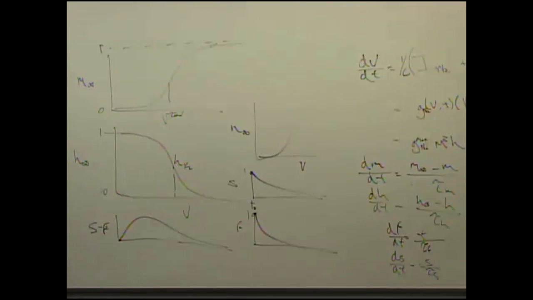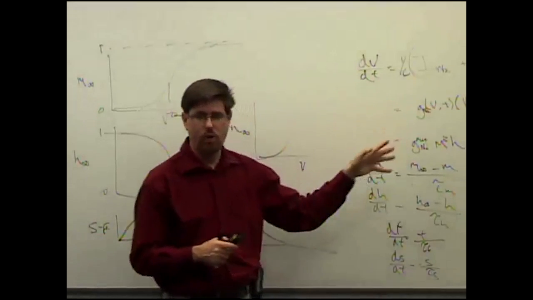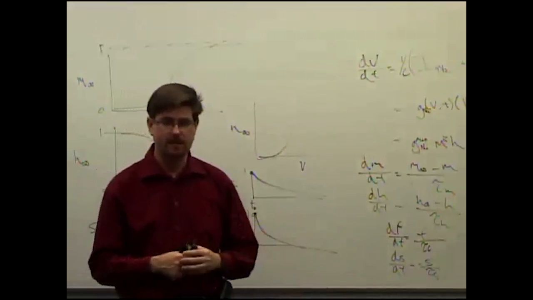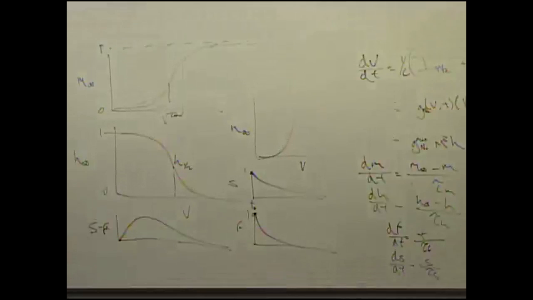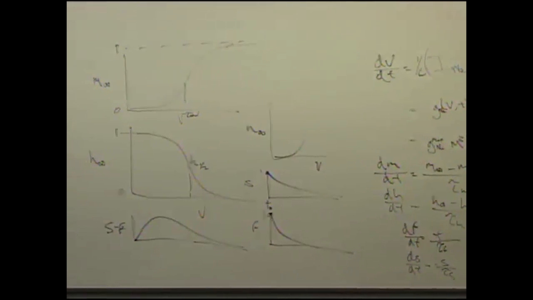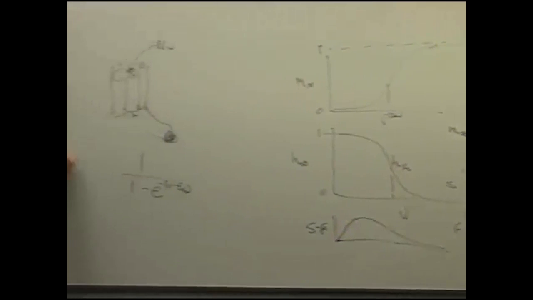And this is called an alpha function. So what we do is we run our Hodgkin-Huxley model up to a certain point where we want to simulate a synaptic input. And then we take the initial conditions, so we put ds/dt, df/dt.